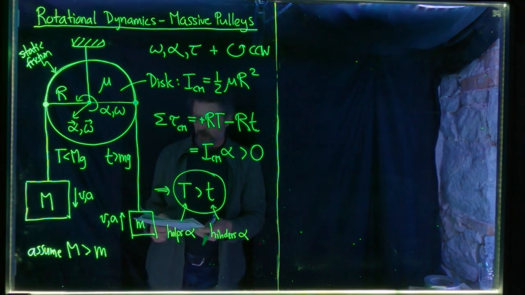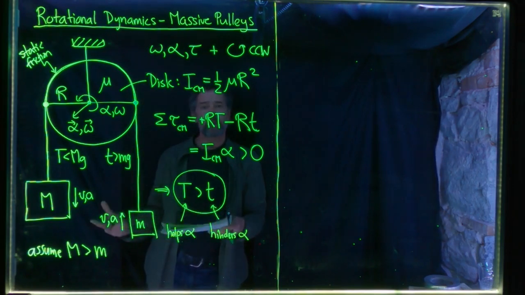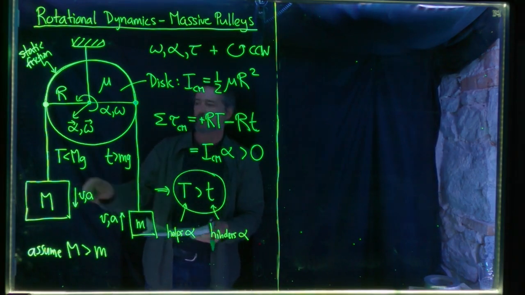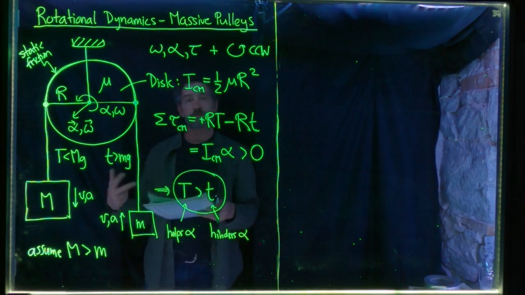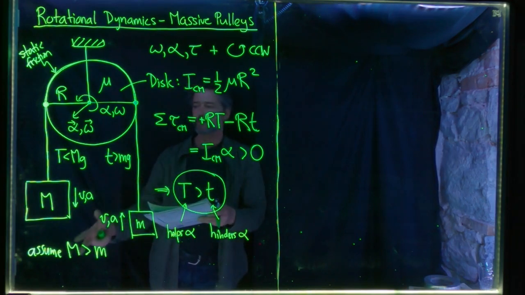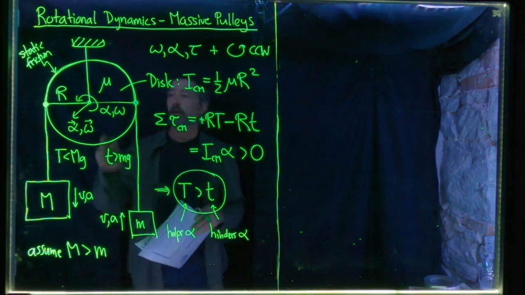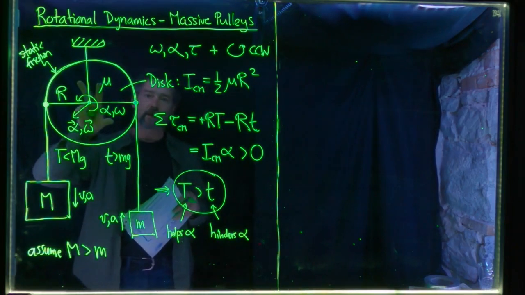Okay, so now we're going to do dynamics. So we have actually three objects in motion here whose dynamics we need to consider. We have masses big M and little m, which are in linear motion, and so we say, well, the net force, sum of all the forces, is equal to the mass times the linear acceleration. But now we have a third object which is undergoing angular acceleration.